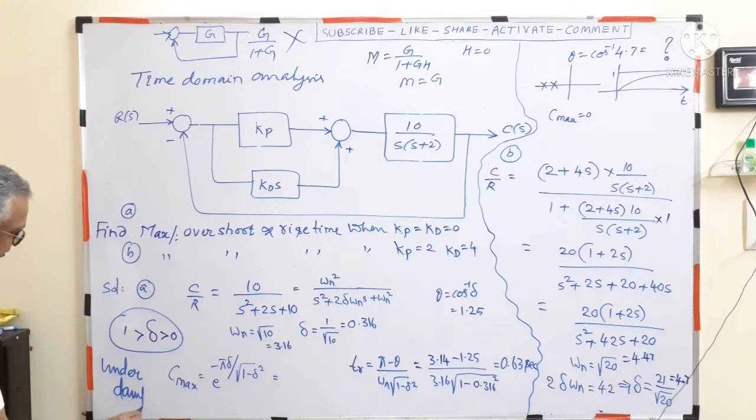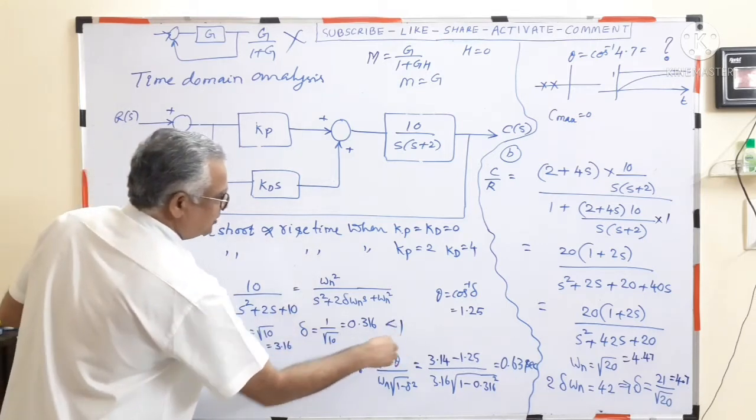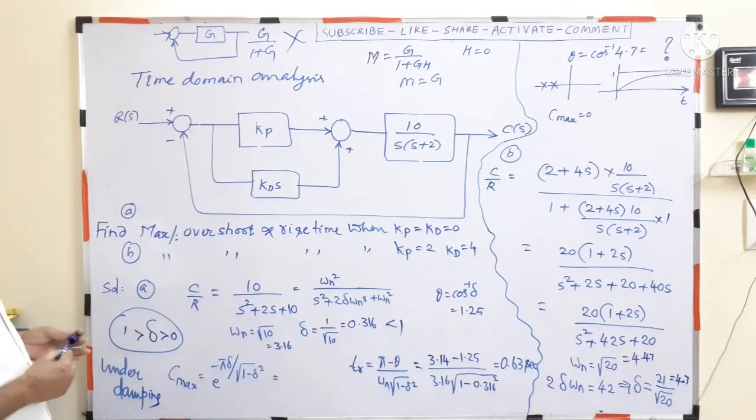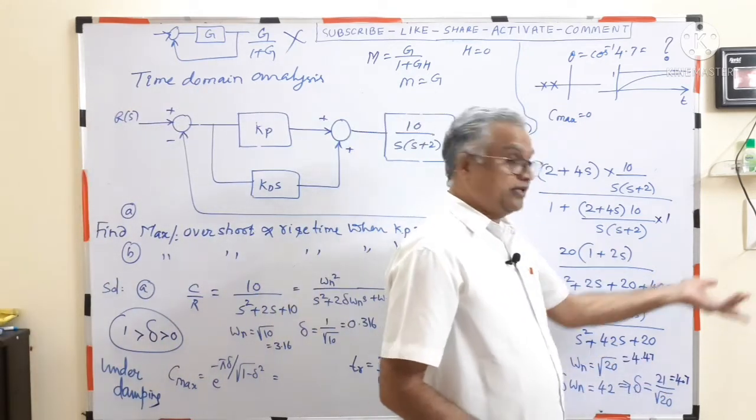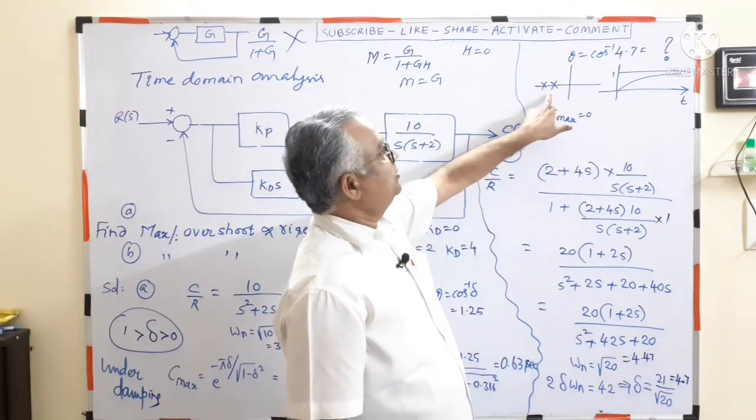First case, damping ratio less than 1, underdamped. Second case, 4.7 greater than 1, overdamped.